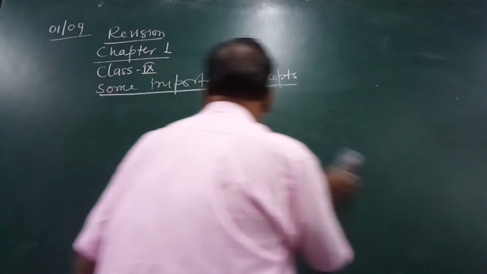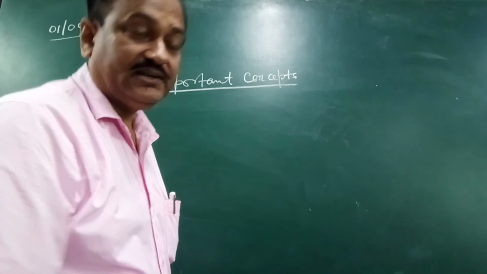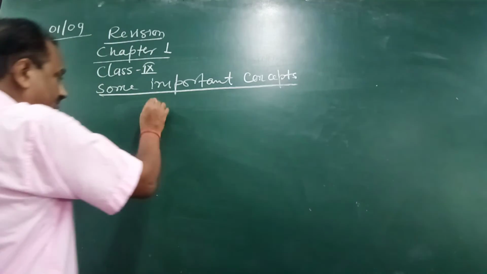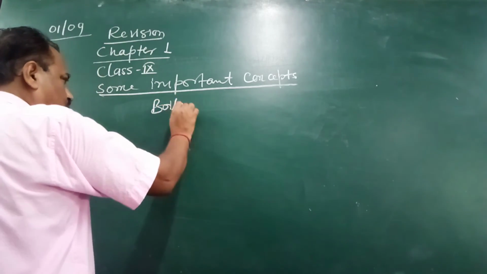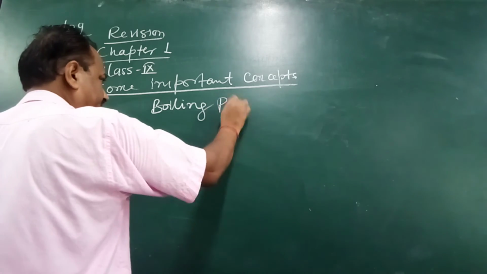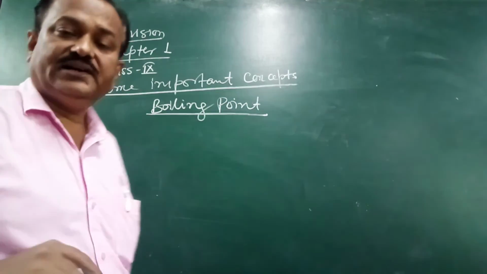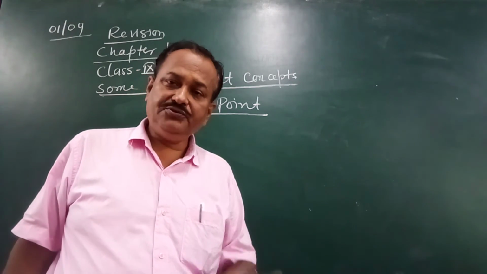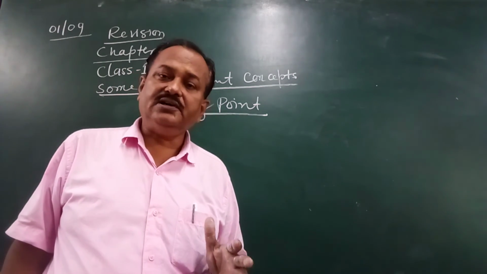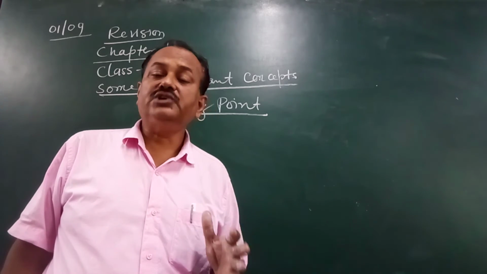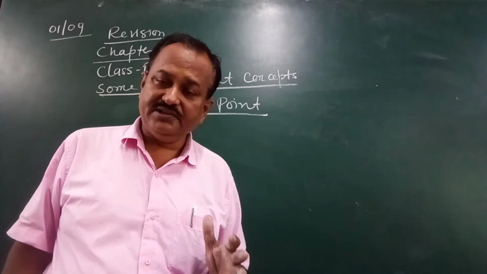Now I am going to take the next very important point, the boiling point. Boiling point is the temperature at which the vapor pressure of a liquid becomes equal to atmospheric pressure.